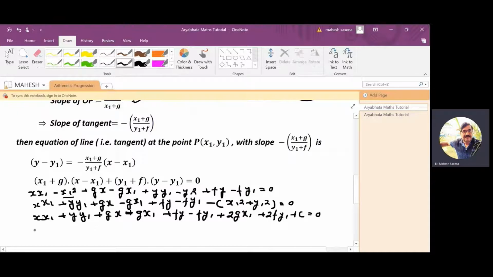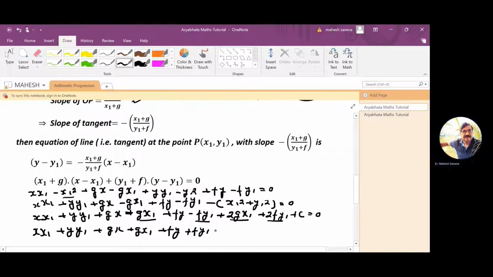Therefore, we will get xx1 plus yy1 plus gx, then minus gx1 plus 2gx1 is equal to gx1, plus fy, minus fy1 plus 2fy1 is equal to fy1, plus c is equal to 0.